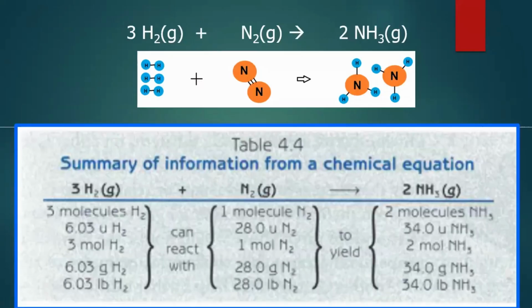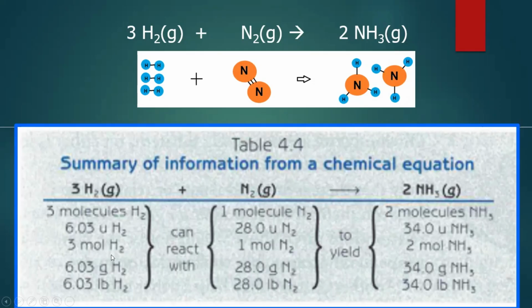So this particular equation could be referring to a number of things with these numbers. The coefficients 3, 1, and 2 could mean that it's 3 hydrogen gas molecules and 1 nitrogen gas molecule yields 2 ammonia gas molecules.